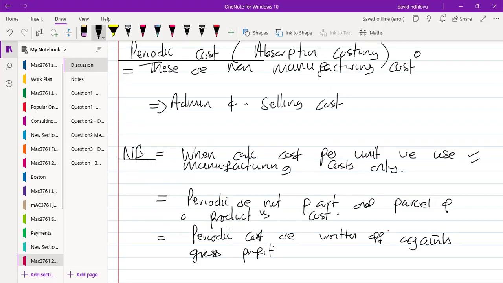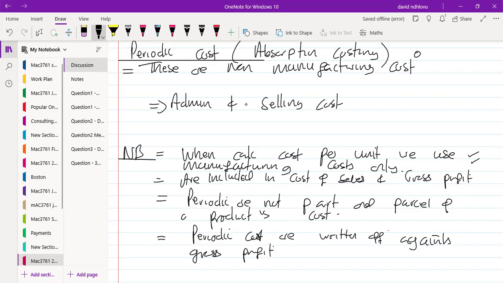So therefore, the manufacturing costs are included in cost of sales and therefore gross profit. So when you calculate gross profit, you'll be affected by manufacturing costs, because they are included in your calculation of cost of sales.